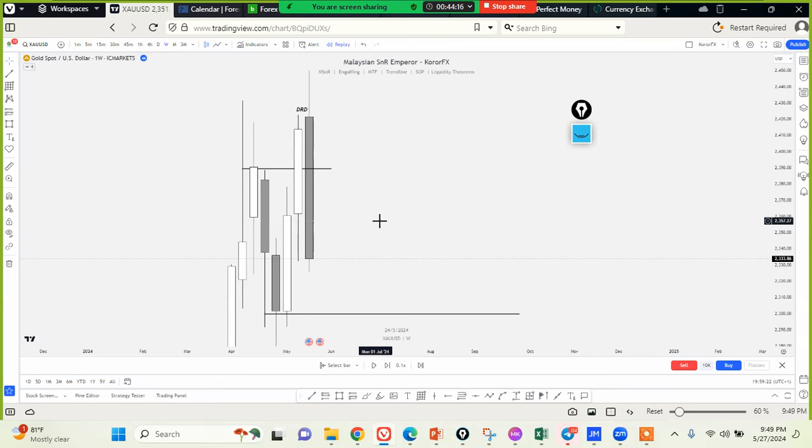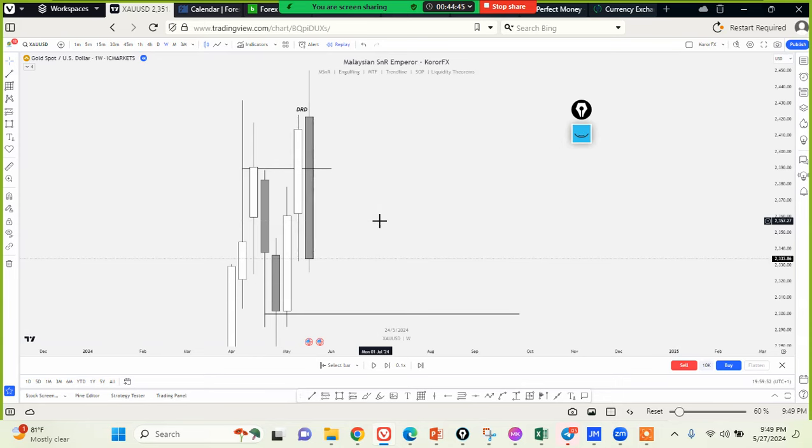Okay? Entry confirmation. So, how can I enter after rejection? That's one question. How can I confirm that the storyline will exactly follow my way of thinking? Like I am planning a bullish storyline. How can I understand that the market will move upside? Just like a confirmation of a storyline. The second one is, how can I understand where to enter?